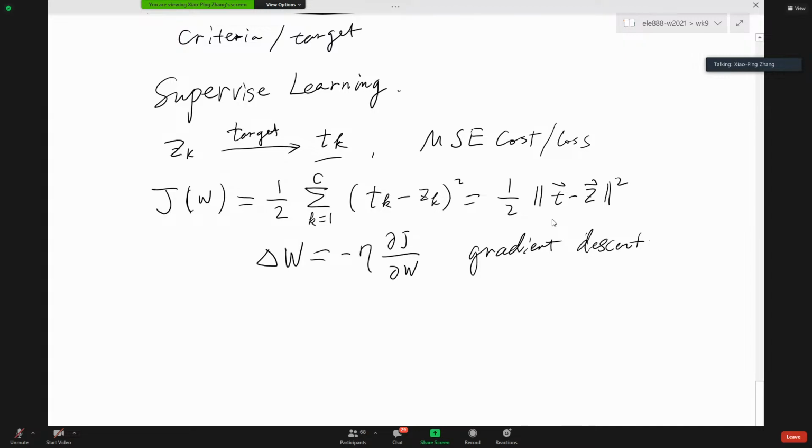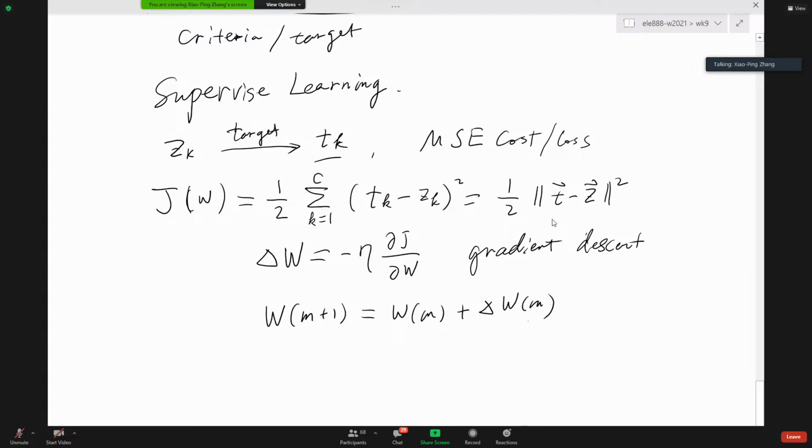This is gradient descent. So basically we say, okay, at iteration m plus 1. I didn't use k because k is already used, and I didn't use t because t is already used. So I use m plus 1, right? That's what you do.